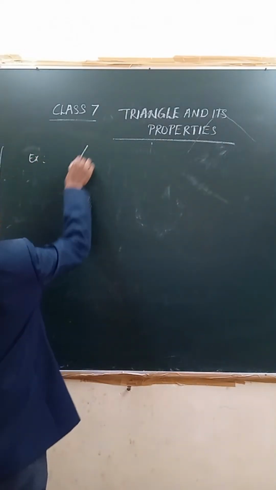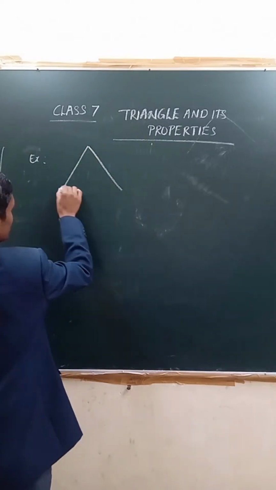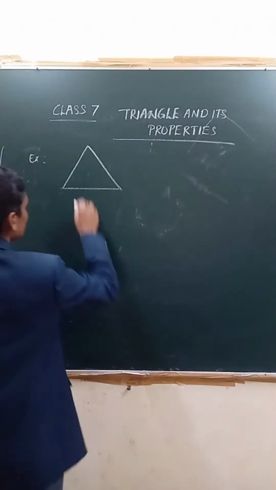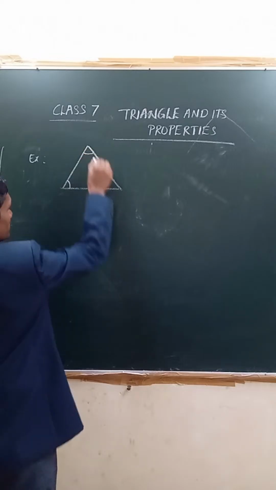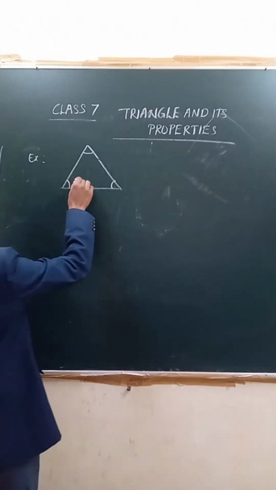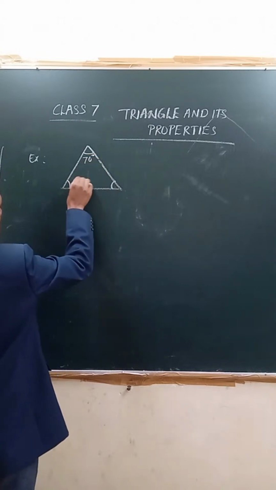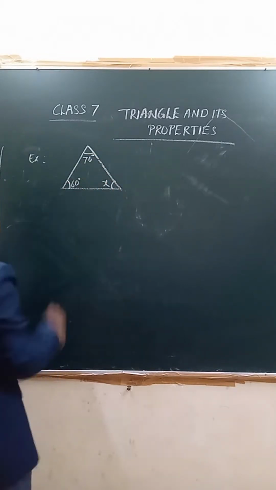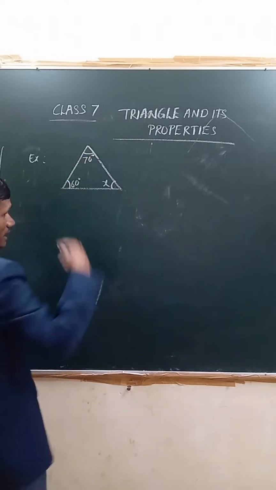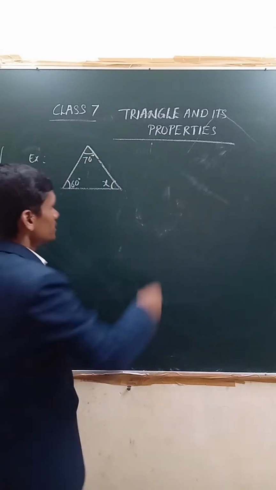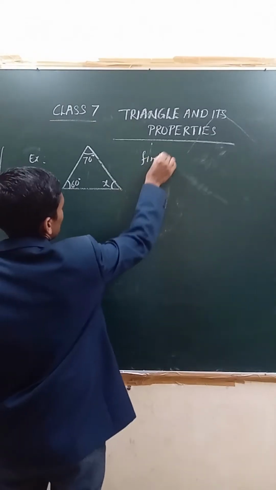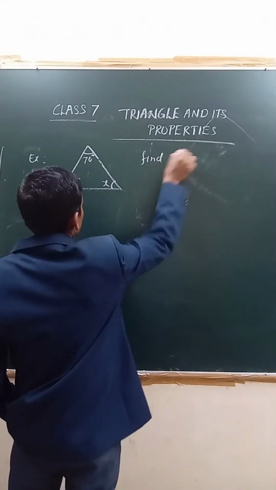One triangle is given, say for example this triangle. Angles will be given like this: this is 70 degree, this is 60 degree, this is x. If the triangle is given like this, find x. So simple, find x.